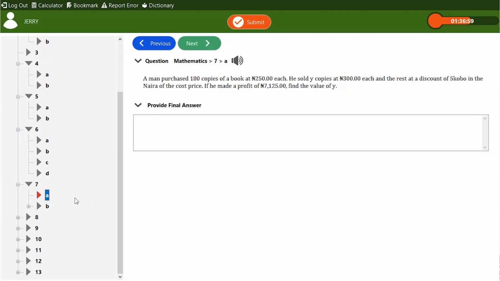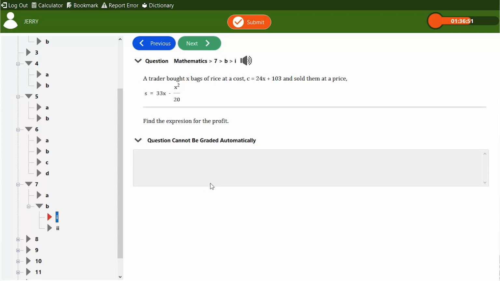Okay. The B part of it, which is in two forms. A trader, let me wipe this first. A trader bought x bags of rice at a cost C equals 24x plus 103 and sold them at a price S equals 33x minus x squared all over 20. Meaning cost price 24x plus 103, selling price 33x minus x squared all over 20.